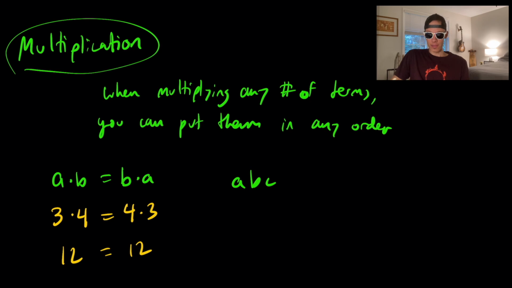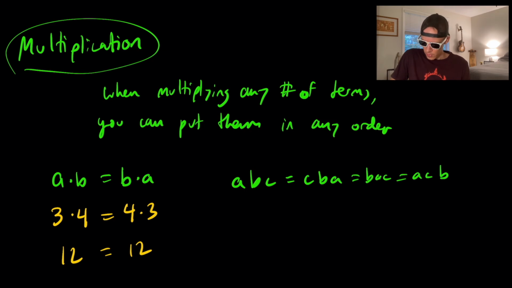If you don't write anything in between them and just sandwich them next to each other like that, it's understood that means multiplication. So A times B times C, that's the same thing as C times B times A, which is the same thing as B times A times C, which is the same thing as A times C times B. You can do all the combinations.